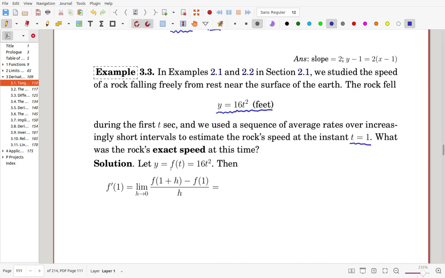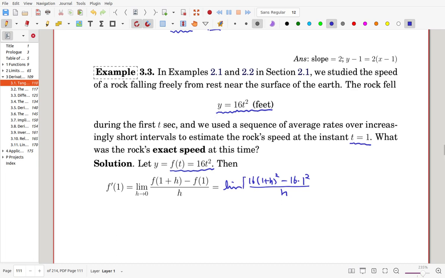Okay, and now f of t is 16 t squared. So that is the definition of the slope of the curve: the limit of 16 times (1 plus h) squared minus 16 times 1 squared, divided by h.